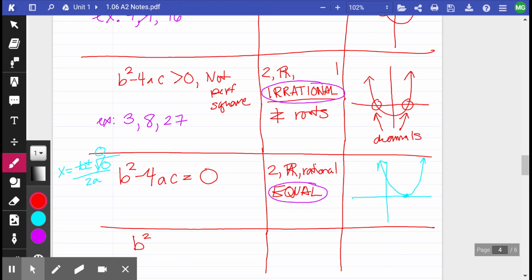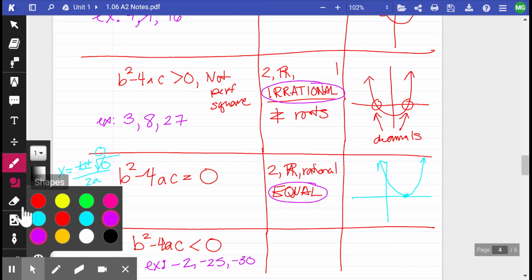And the last scenario is if our discriminant, so b squared minus 4ac, is negative, so it's less than 0. For example, like our negative 8 before, or if you had a negative 2 or negative 25, it doesn't matter if they're perfect squares, negative 30.